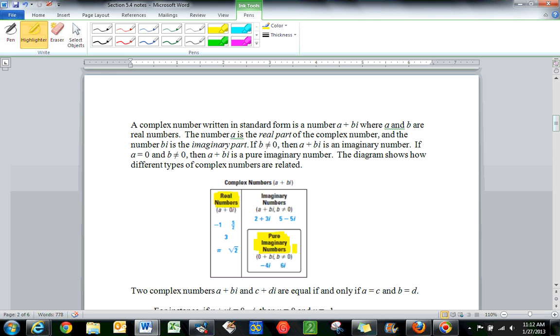And then lastly, we come up with this part where we can have a real part to the answer and an imaginary part. And this is what we're going to call an imaginary number, but more so we're going to call this a complex number. So you can see that the complex number is a result of a real number plus an imaginary number.